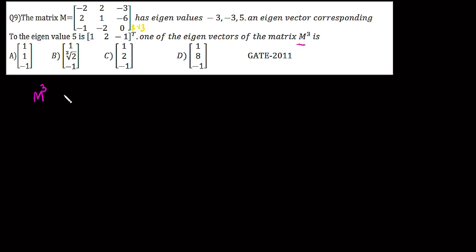Now here we have to recall the property of eigenvectors. If I take any power of a matrix, and the initial matrix M has an eigenvector, let's call it V, then after taking any power the eigenvector remains as it is, but the eigenvalue is changed.